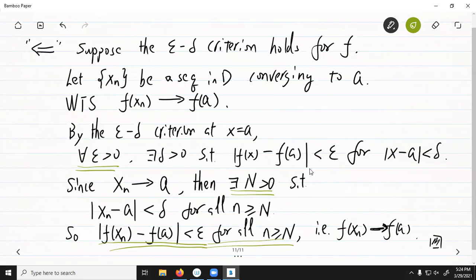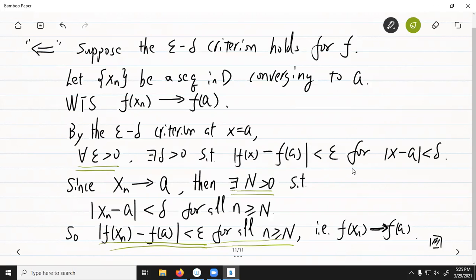This is a sequence, and this is the definition for a sequence.